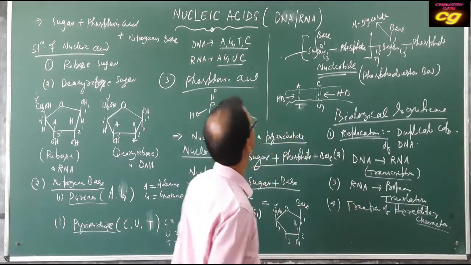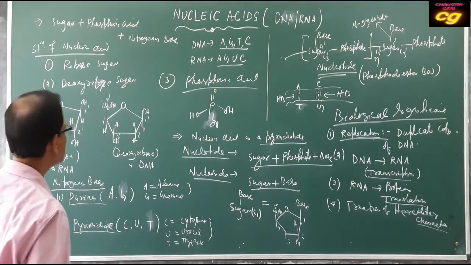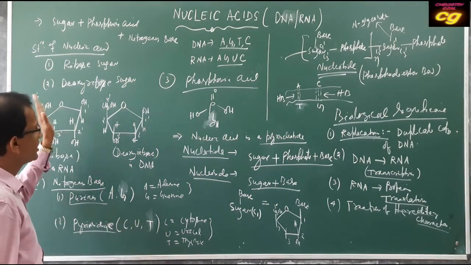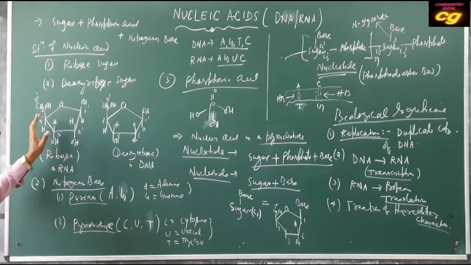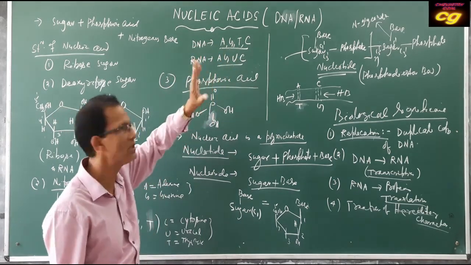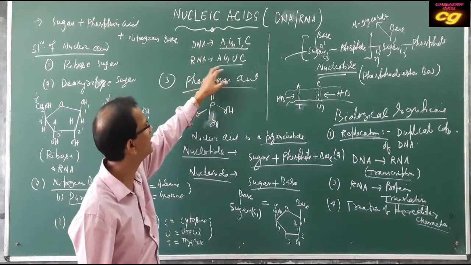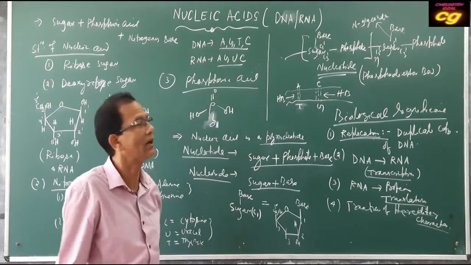So this is about nucleic acid, DNA and RNA. The main difference between DNA and RNA is that DNA contains deoxyribose, RNA contains ribose sugar. DNA contains A, G, T, C nitrogen bases, and RNA contains A, G, U, C; in place of T, U is present in RNA.